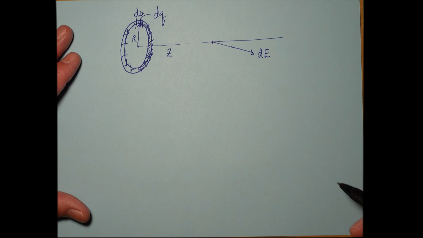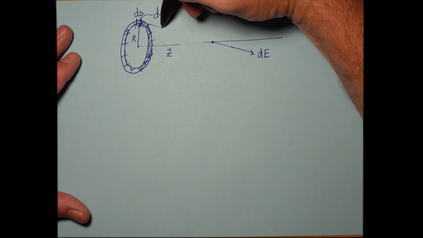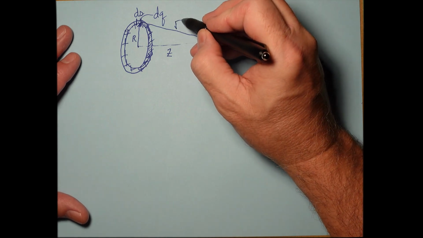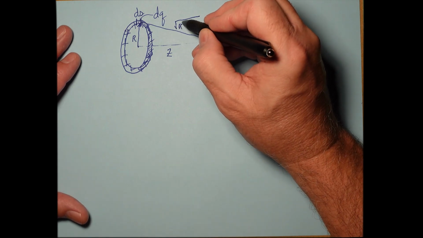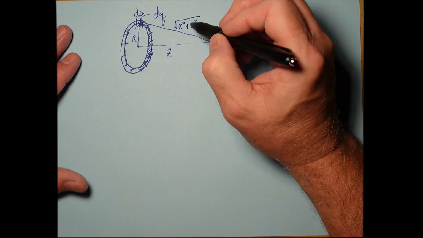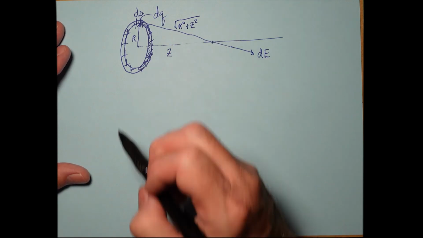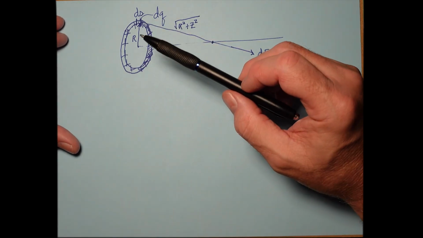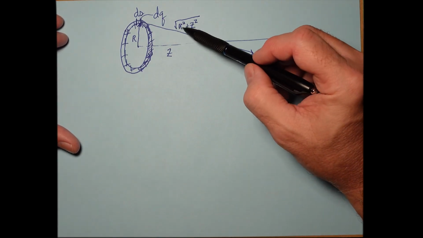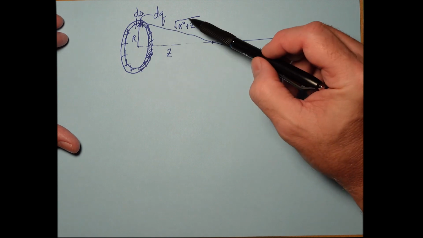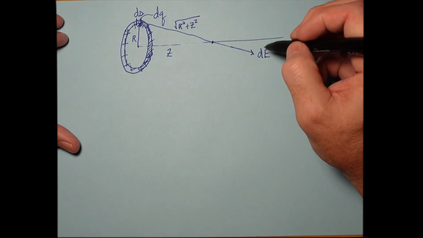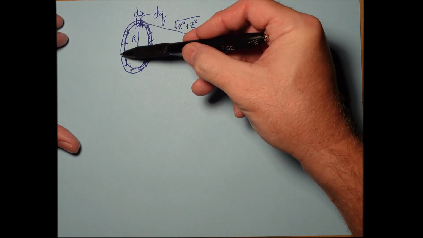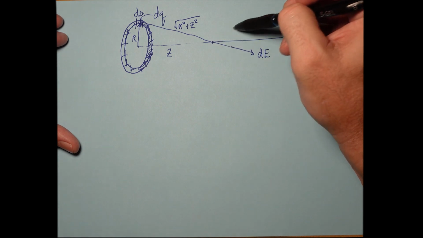And this distance from there down to there is the square root of R squared plus z squared. Now z is a fixed value, big R is a fixed value. We're going to have to integrate around this whole circle. So this hypotenuse as we go around the circle is also a fixed value, so this dE is going to be the same for components all the way around the circle.